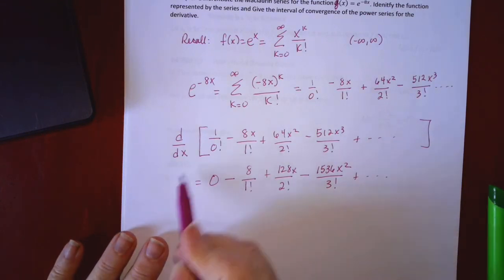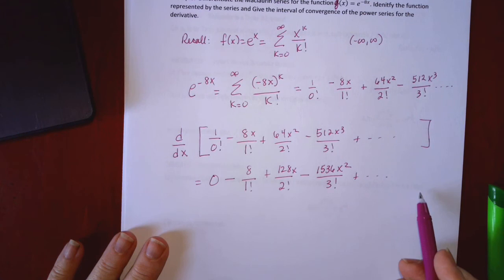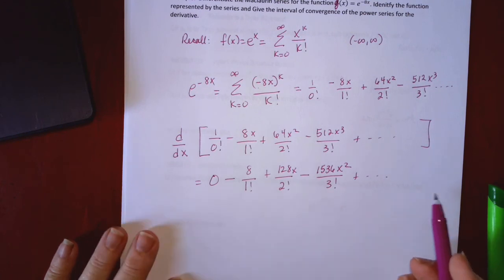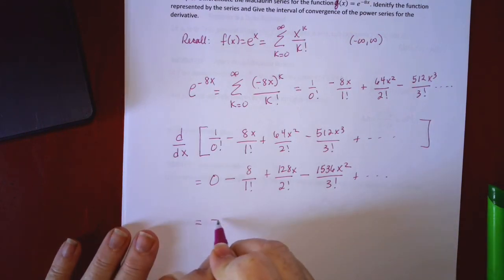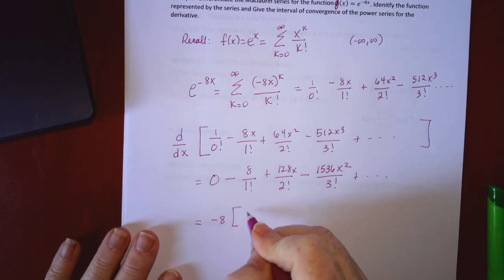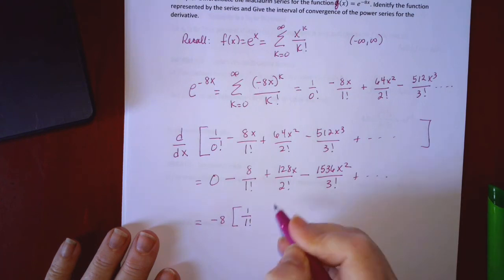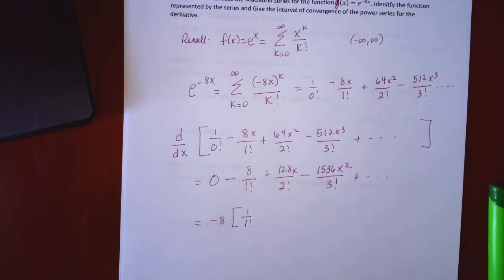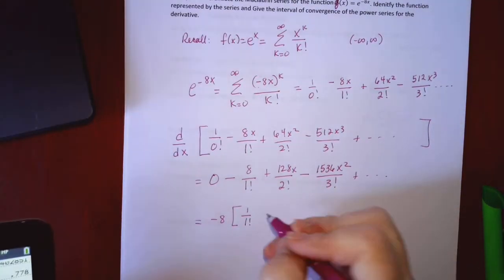Can I factor a negative 8 out of these terms? Well, it looks like it. That would be a negative 8 times, let's see, 1 over 1 factorial. If I factor a negative 8 out there, 128 divided by negative 8 is what? 16. Yeah, thank you. Let's see.